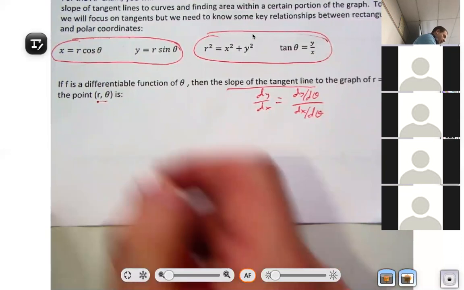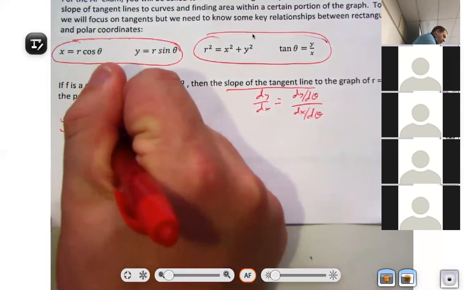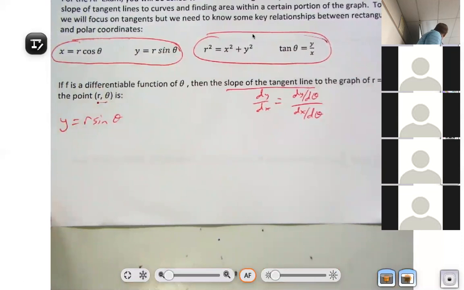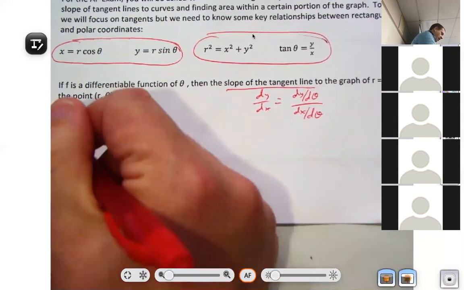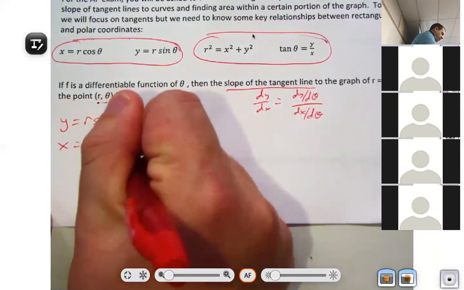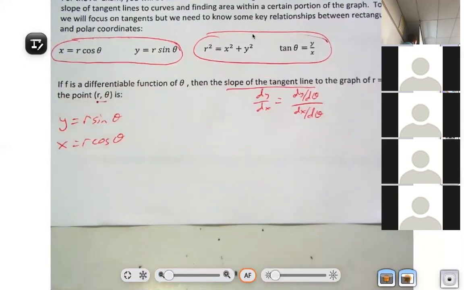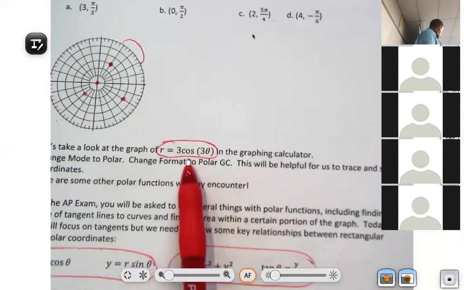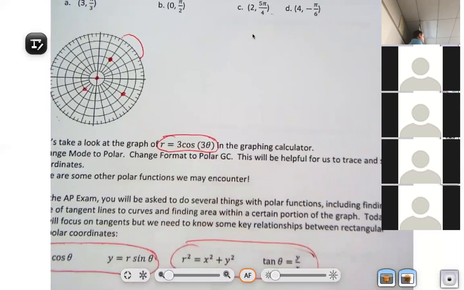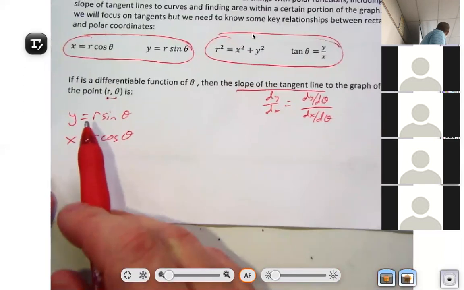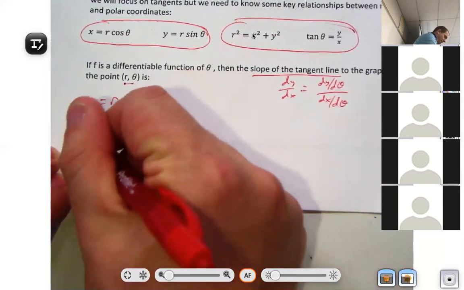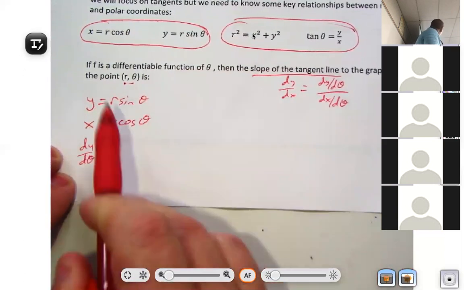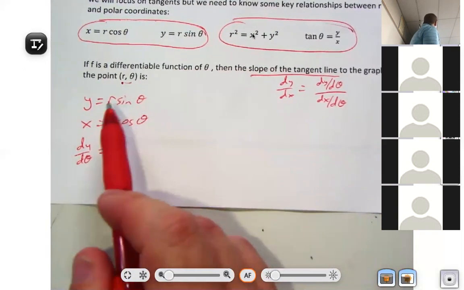Okay, so here's the thing. y is r sine theta from above. x is r cosine theta from above. r is always going to be given to you as a function of theta. Like the problem is going to say, let r equal, like in this one, 3 cosine 3 theta. They're going to define r for you as some function. So if I want to find dy d theta, and r is a function of theta, that means we have to do product rule.